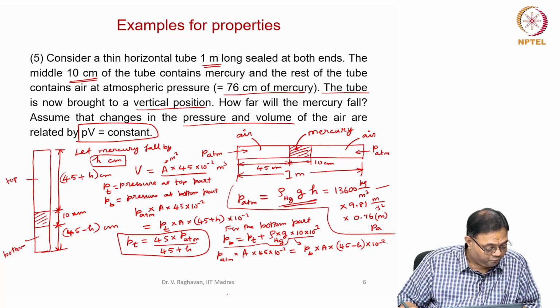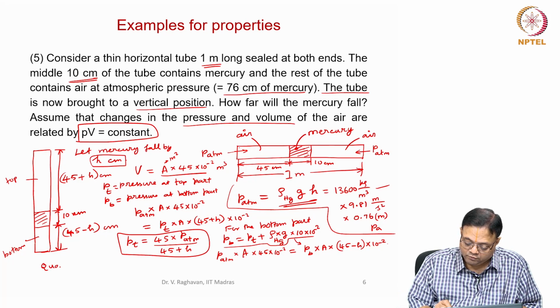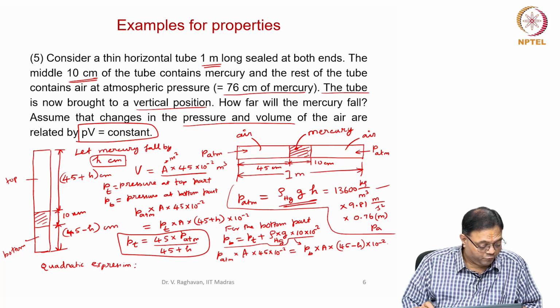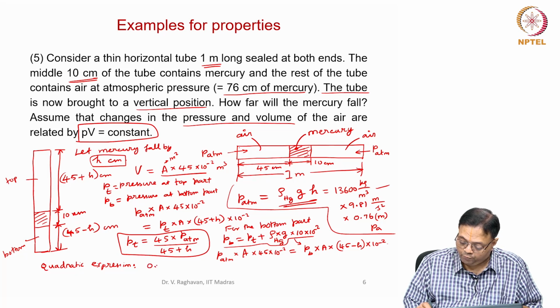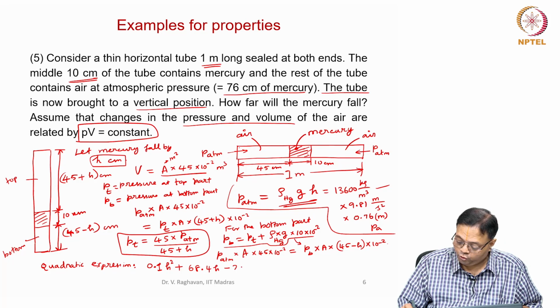Now when I do that, I get a quadratic equation in h. If I substitute and simplify, I get a quadratic expression: 0.1 h square plus 68.4 h minus 202.5 equal to 0.